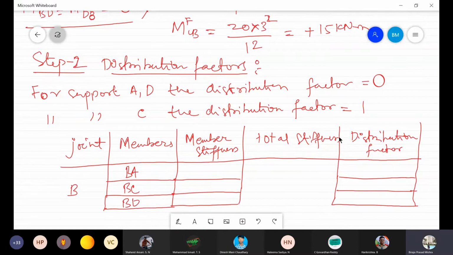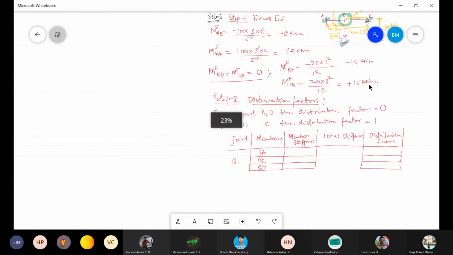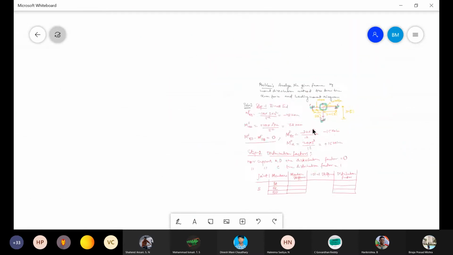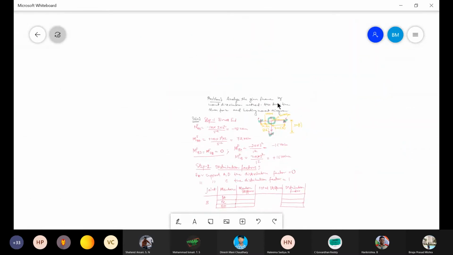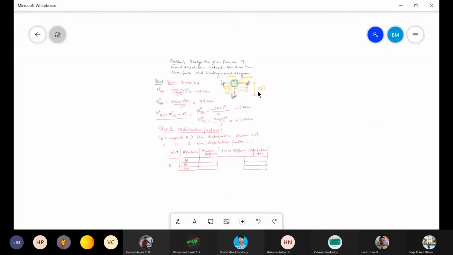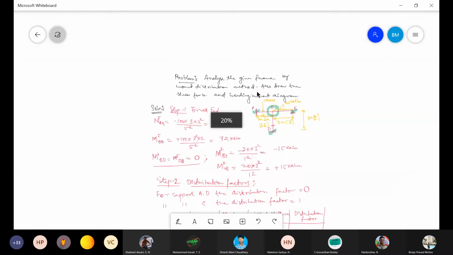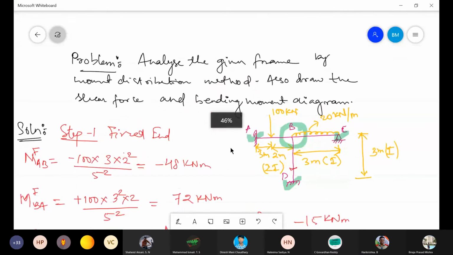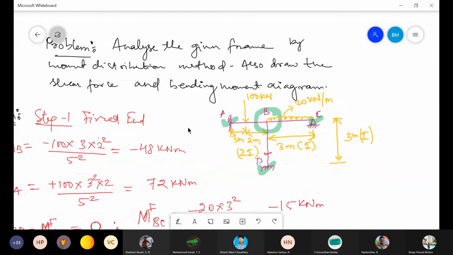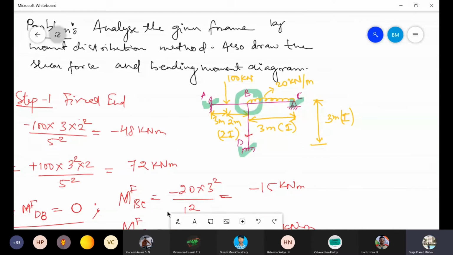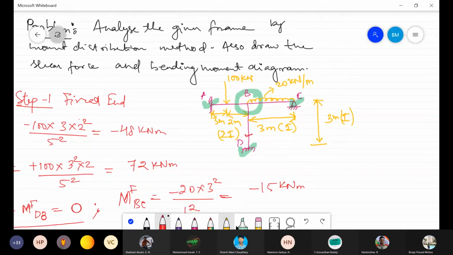Okay, so see this one. Yes, so let me make this magenta.